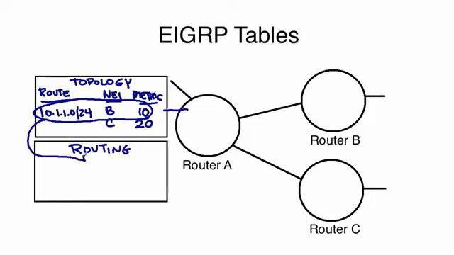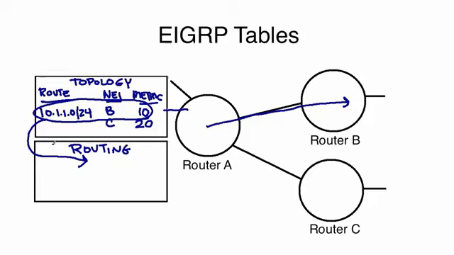So now we know the successor is to router B and the feasible successor path is to router C. So as we can see, it's going to choose the path out to router B.